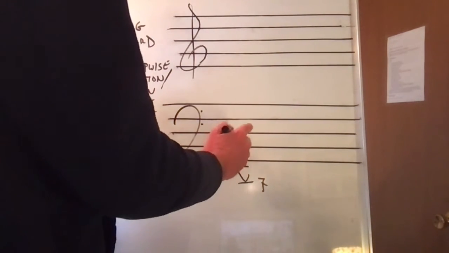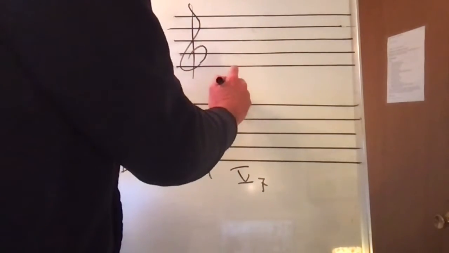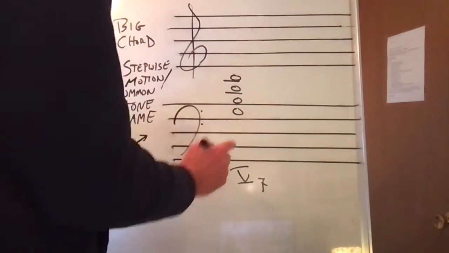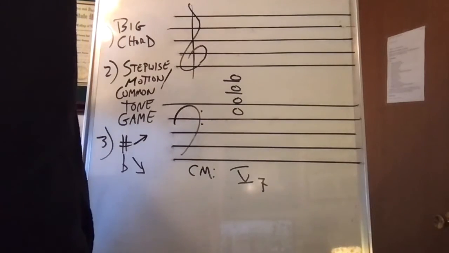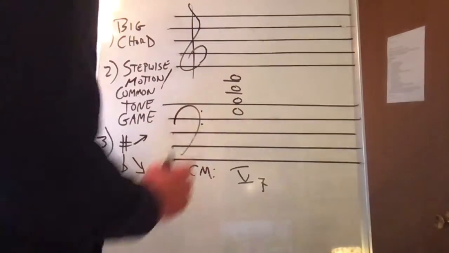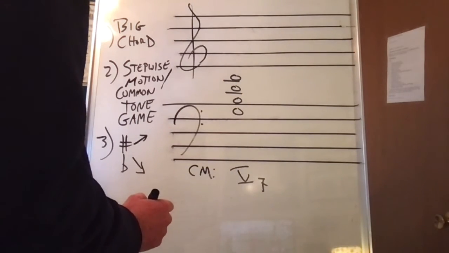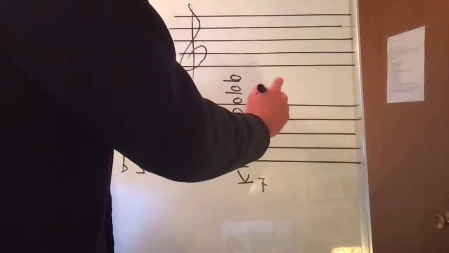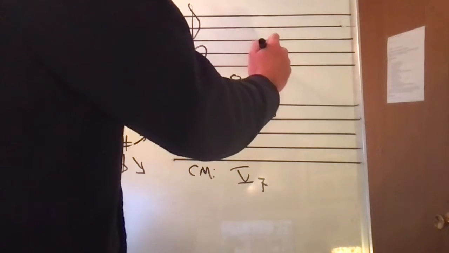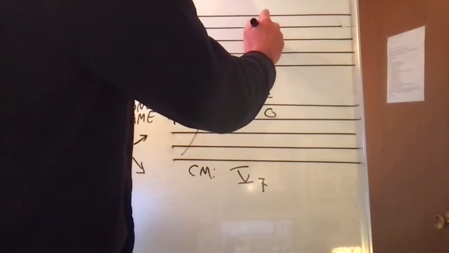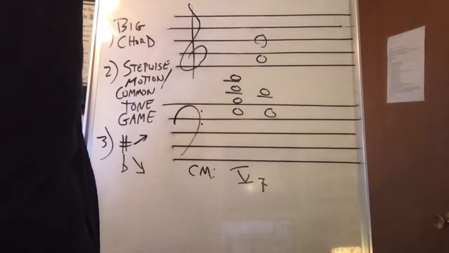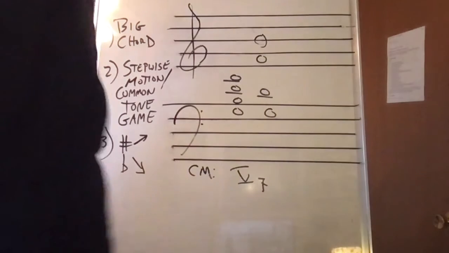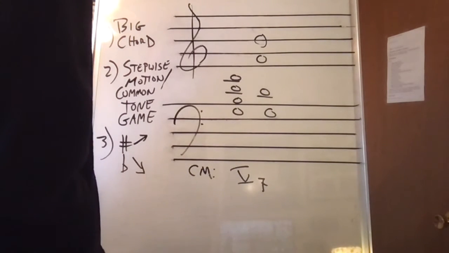So the 5/7 in the key of C is going to be a G-B-D-F chord. So you have the G major triad, and then the chordal 7th is added. And again, if I were to score this in a 4-part texture, I would do something like this. At least a perfect 5th between bass and tenor.